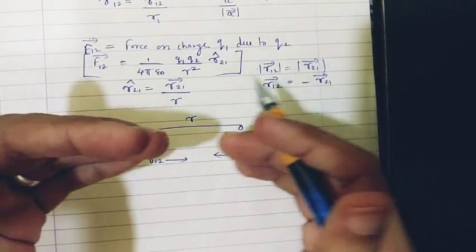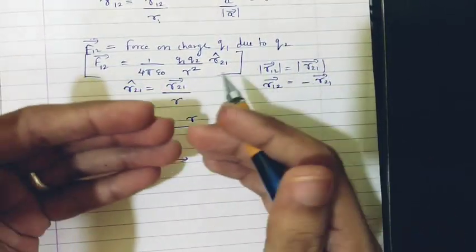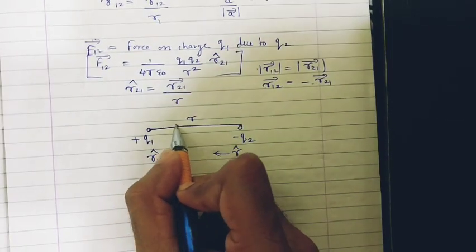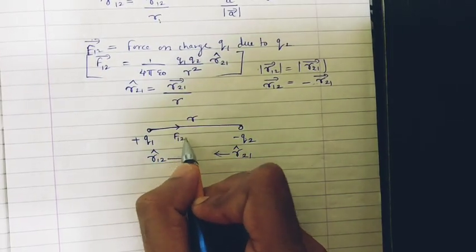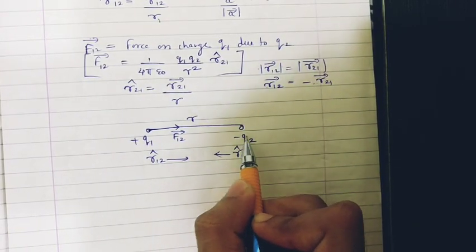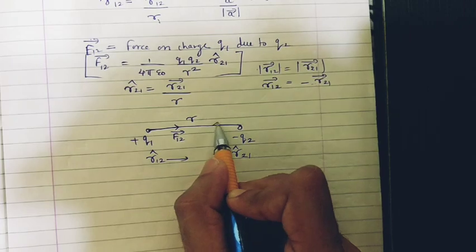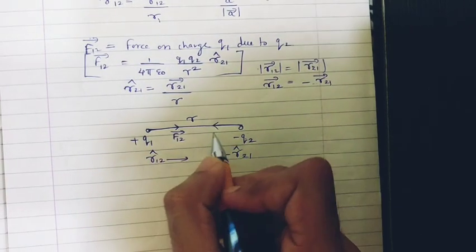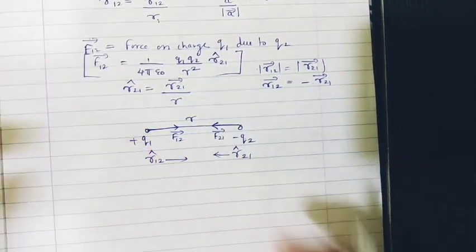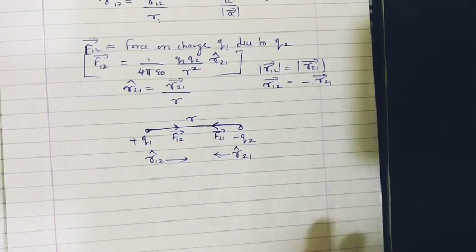That is, it is going to pull each other towards each other, right? So the force on 1 because of 2 is going to be an attractive one. So F12 will be this way, and force on Q2 due to Q1 will again be a pulling force, correct? Attractive force. So the direction is going to be this way. So F21 will be in this direction. This is the only difference.